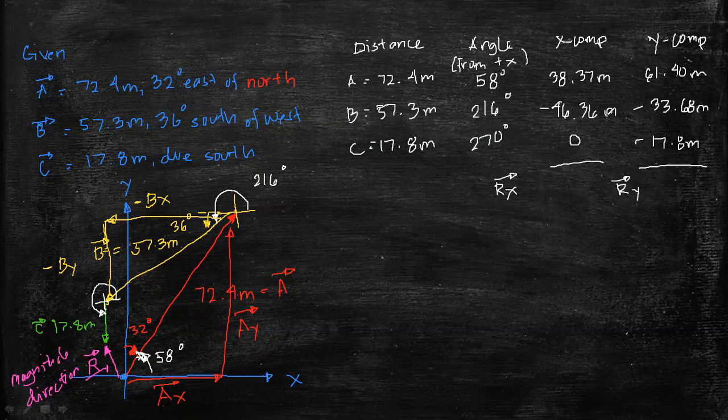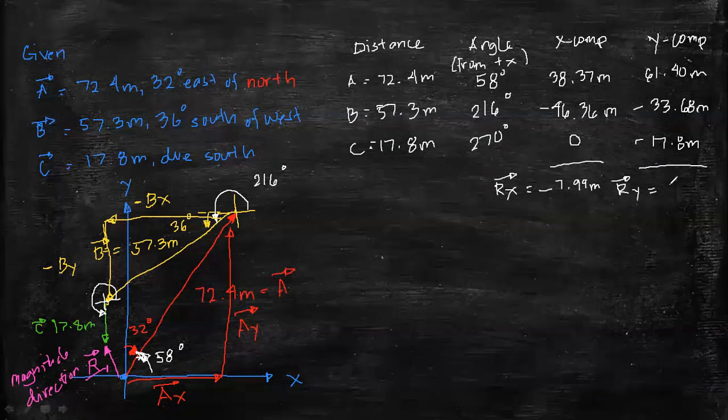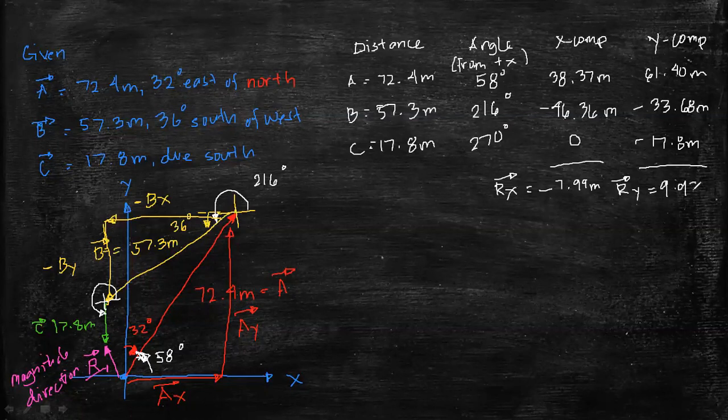By adding these components along the x-axis and y-axis, we can have now Rx is equal to negative 7.99 meter and Ry is 9.92 meter. To check or verify whether our answer is correct, look at the illustration again. So the resultant R has a negative Rx and a positive Ry.